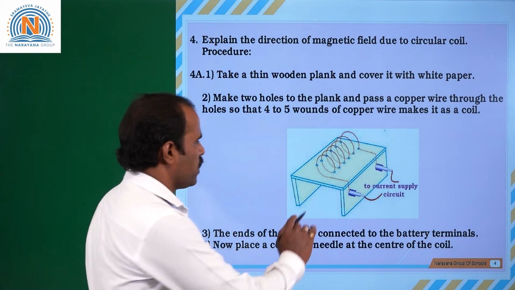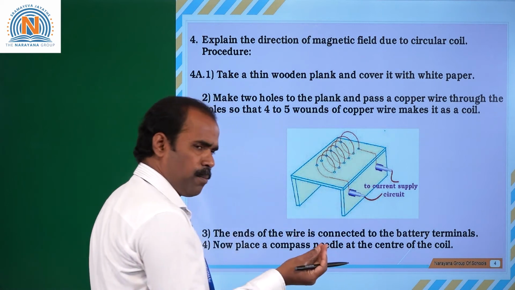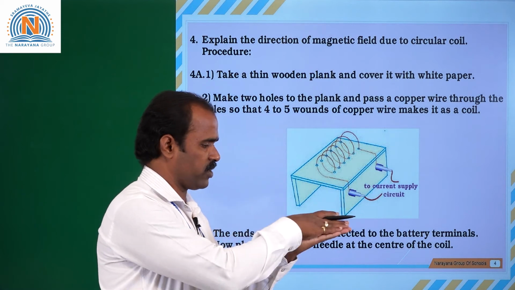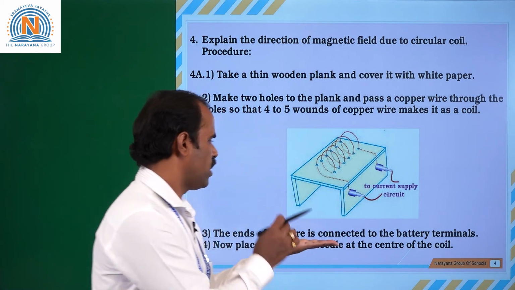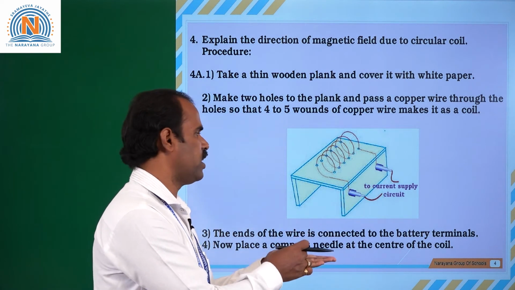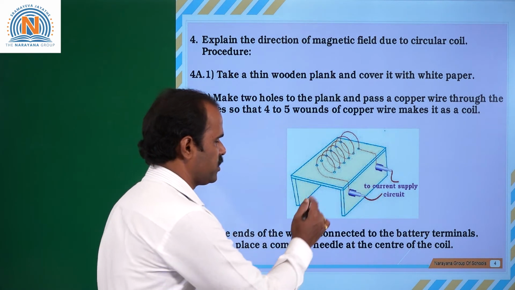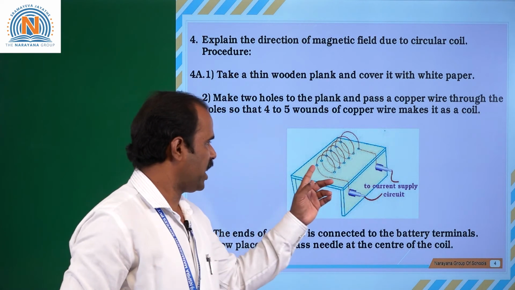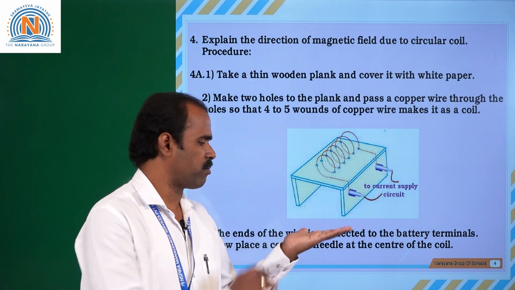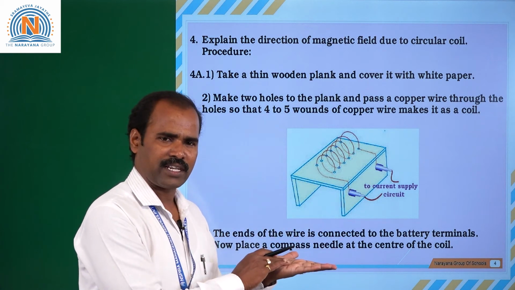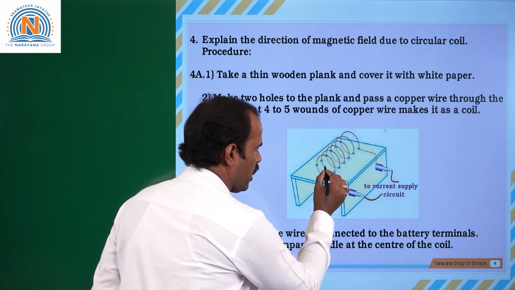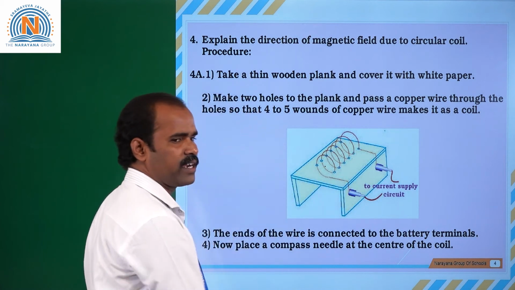Now place a compass needle on the cardboard, inside the coil. Then the compass needle aligns along the direction of the magnetic field produced by the coil. You follow the arrowhead, and put a dot at the arrowhead.